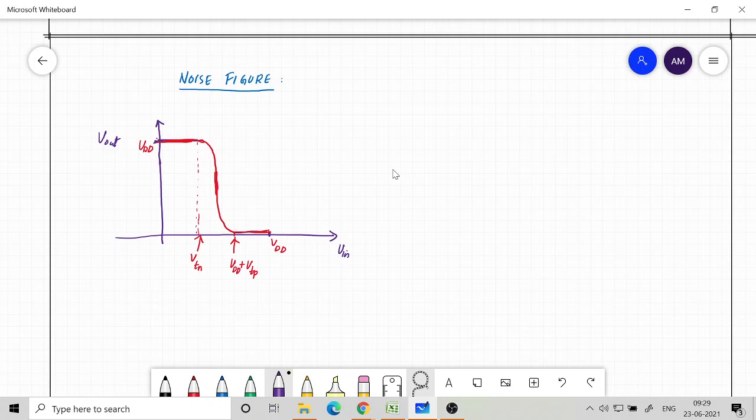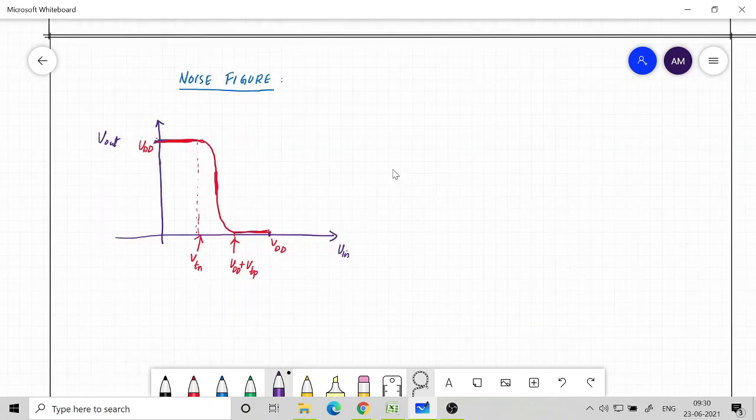So to define noise margin, what is the influence of noise in the transistor? Suppose we are applying a low voltage. So we are here, we are applying this voltage, okay, and there is some noise at the input like this.